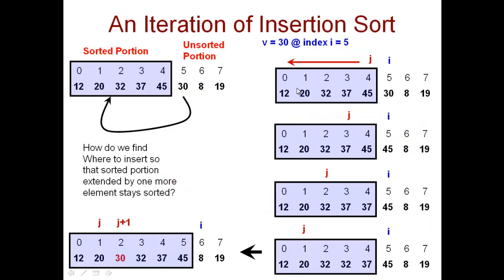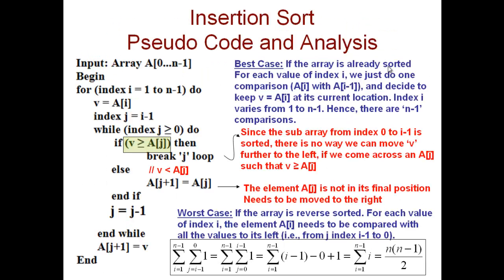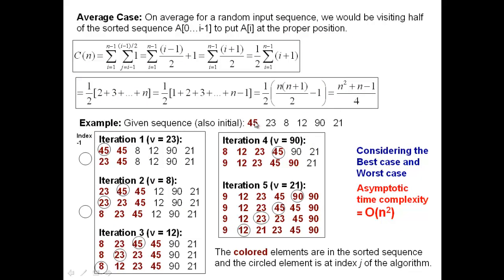So let us refer to the element at index I, which always runs through the unsorted portion. To begin with, as I said, we can consider the element at index 0 to be the sorted portion, and the unsorted portion then starts from index I equals 1.